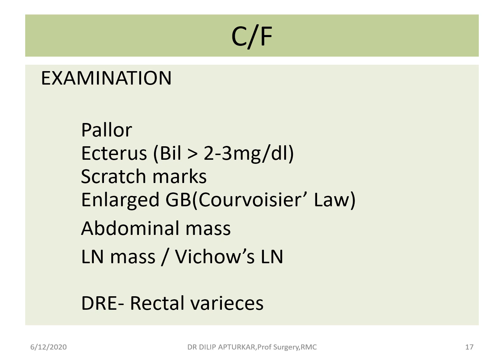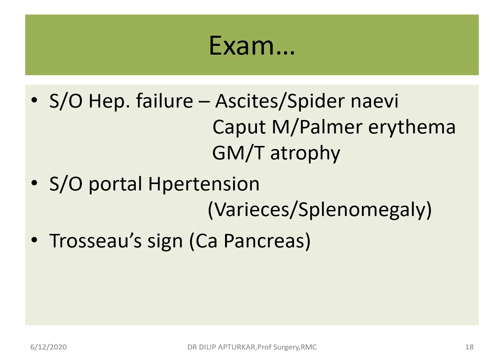Digital rectal examination can show rectal varices, that occur in case of portal hypertension. On examination, again, you can find the signs of hepatic failure stigma like ascites, spider naevi, caput medusae due to portal hypertension, palmar erythema, gynecomastia, testicular atrophy.